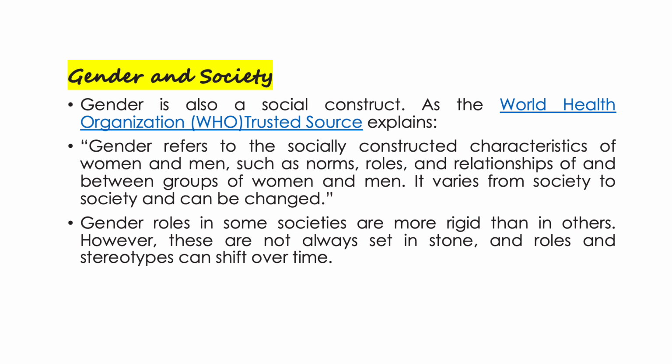It varies from society to society and can be changed. Gender roles, as well, in some societies are more rigid than in others. However, these are not always set in stone, and roles and stereotypes can shift over time.